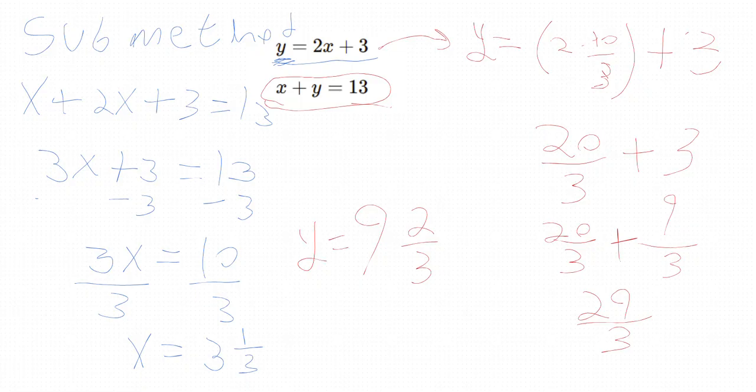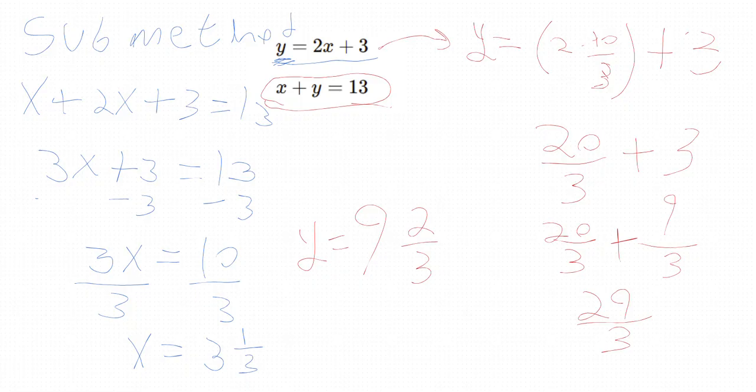Y equals 9 2/3. So we've solved both of these using the substitution method. X equals 3 1/3, y equals 9 2/3. And you can plug these in up here and get your solution.